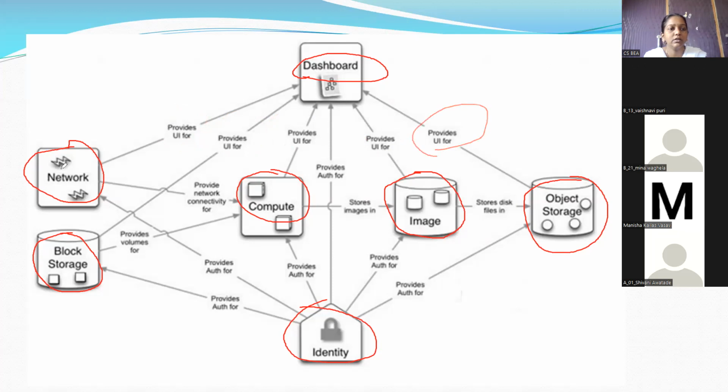So from all these, that is from network, block storage, compute, image, and object storage, you are getting the UI to the dashboard. Through the dashboard only you are going to access the system as a whole. But to have access to the dashboard, you have to first log in to the system, and that will be through your proper identity, that is your proper authentication.